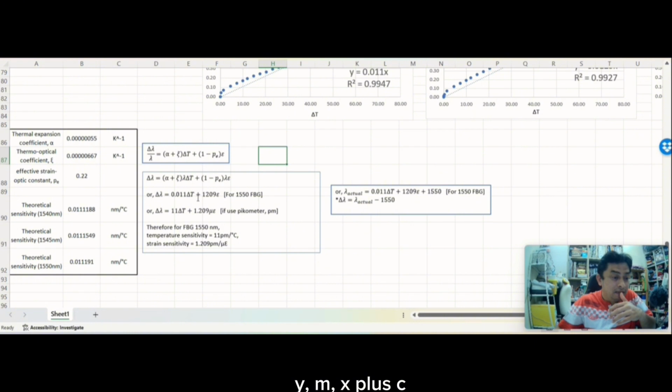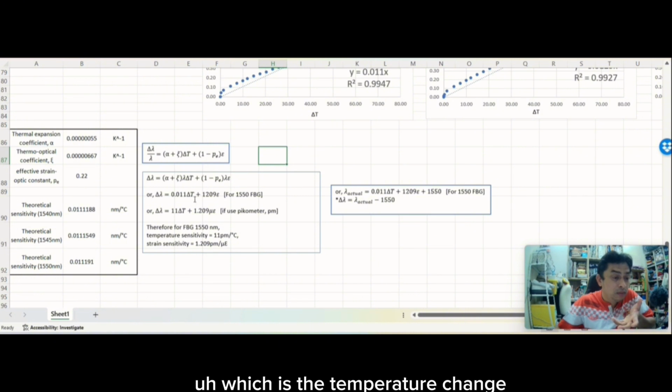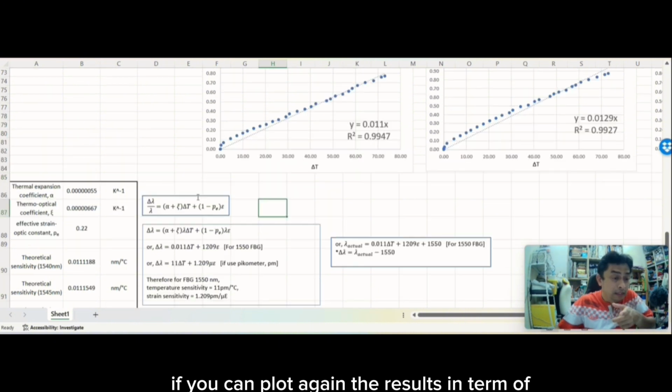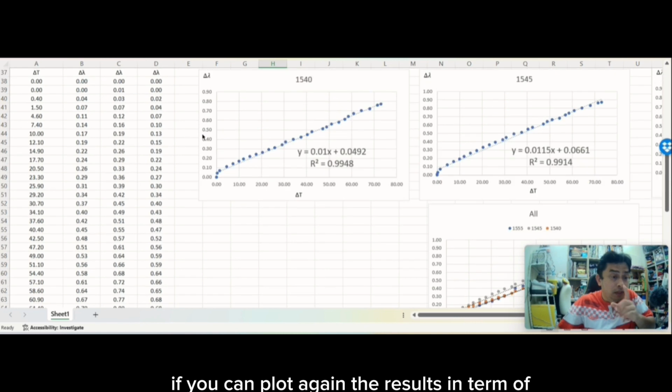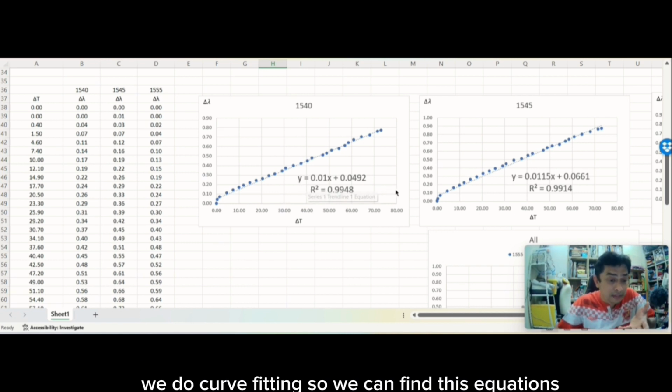Y equals mx plus c, where y is the wavelength change, multiplied by the gradient of the curve, and x is the temperature change. If you plot the results again in terms of wavelength change, delta lambda, and delta T, it becomes something like this, and then we do curve fitting so we can find these equations.